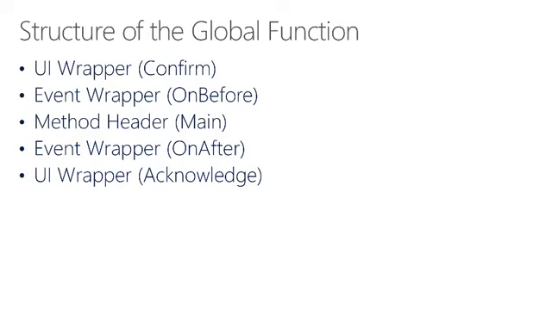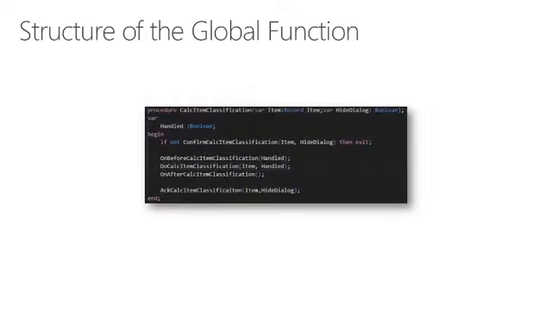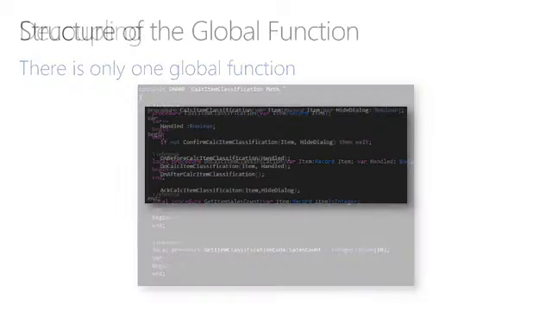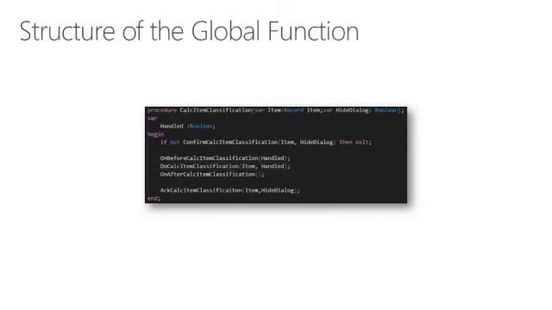And then finally, we have a UI wrapper to acknowledge the completion of this process. And all these steps are local functions. So you don't see all the ones here, but everything is local procedure except for the first, the calc item classification. So this guy over here is global. All of these are local functions.